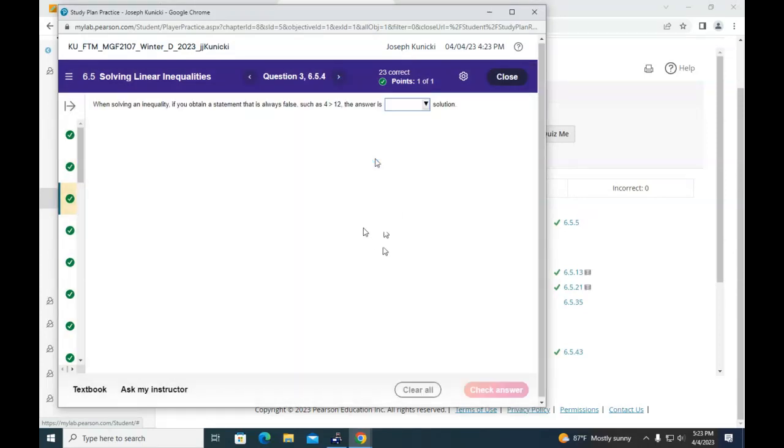When solving an inequality, if you obtain a statement that is always false, such as 4 is greater than 12, the answer is, now we were studying equations before. What would you think the answer is here, based on what we did with equations? If you get a false statement, no solution.